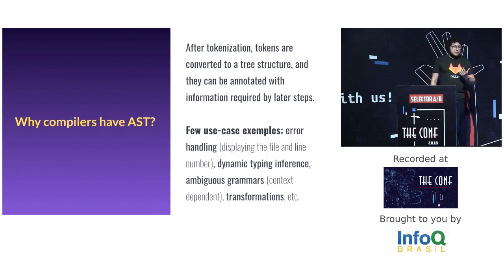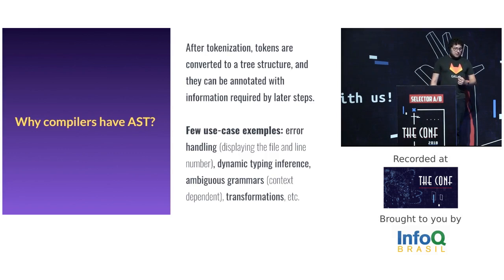Another example is doing dynamic typing inference. If you have a language like Ruby or Python that has dynamic typing, usually you need to annotate the type definitions that you read from the source code into the AST, so they can be used by later steps.